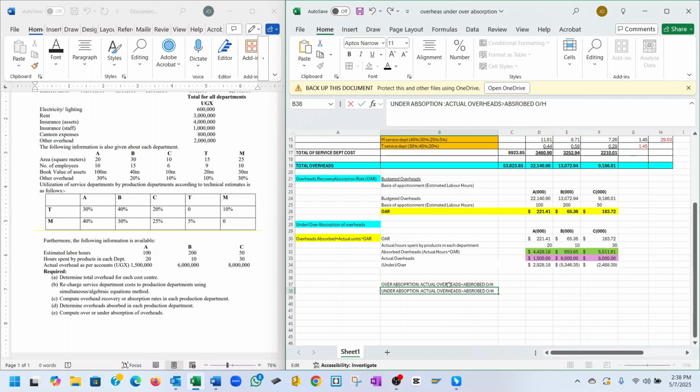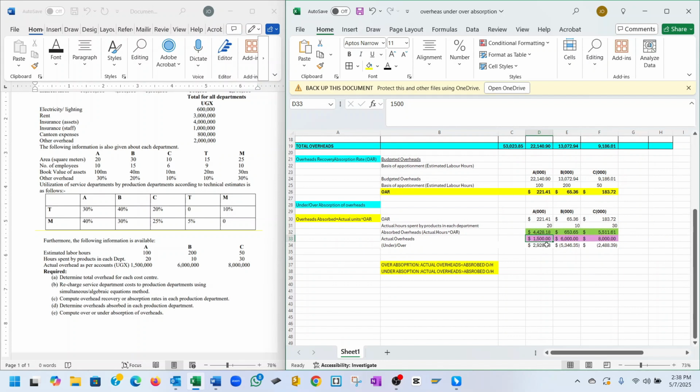So let's use this particular rule. Here, this is the actual overheads, the one in violet, and that one is less than the absorbed. So we get over absorbed.